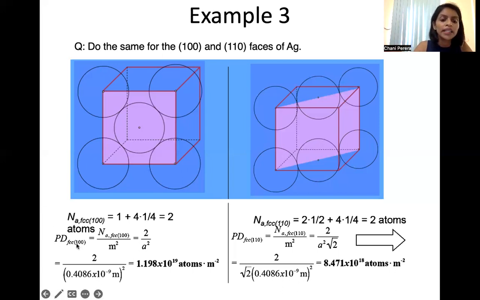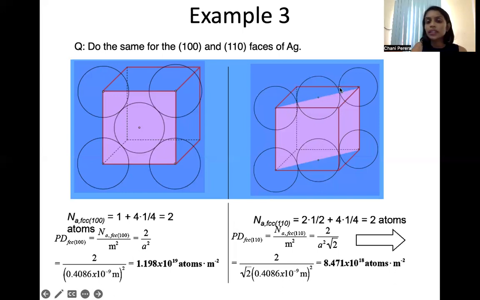To find the planar density, you first find the number of atoms you are going to cleave, which is 2, and then divide it by the area, which is A squared. Then you can find the planar density for that 100 plane.